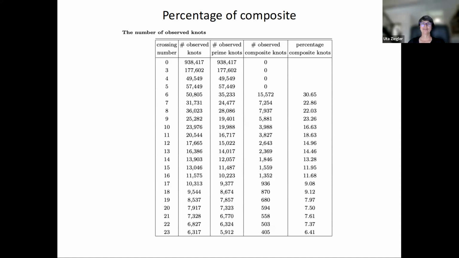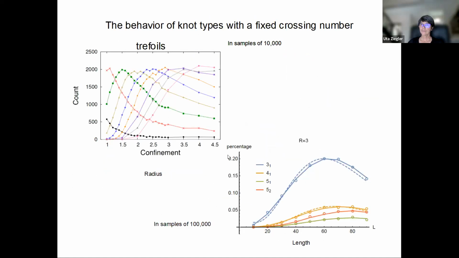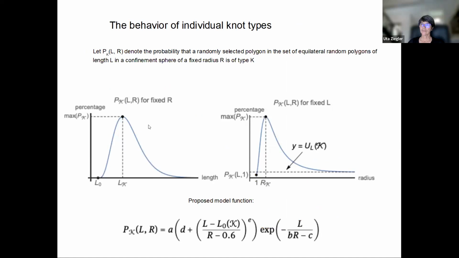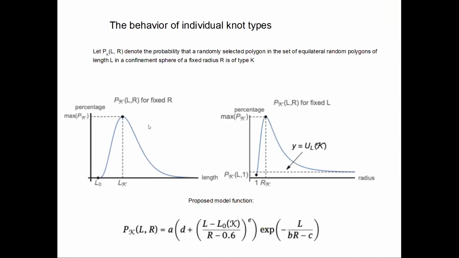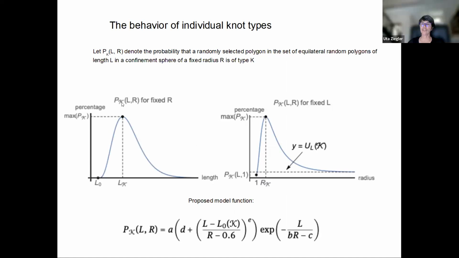Hi, Uta. In your model for the probability of a knot appearing with the parameters K and L, what parameters of the knots are required there? What parameters of the knot are being used in the formula? Well, K is either the crossing number, so we can look at, for example, 6-crossing knots, or it is a specific knot type, so we can say 6-1 or 8-3.